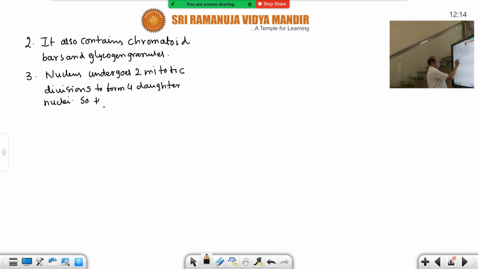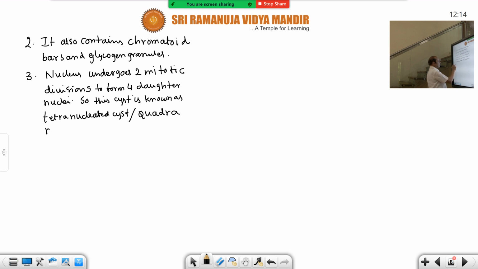So this cyst is known as a tetranucleated cyst. Tetra means 4. Tetranucleated cyst, or put a slash, quadranucleated cyst.